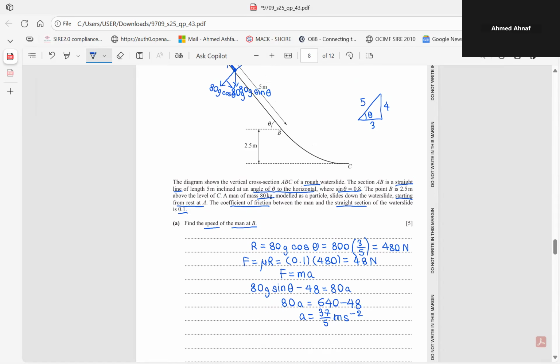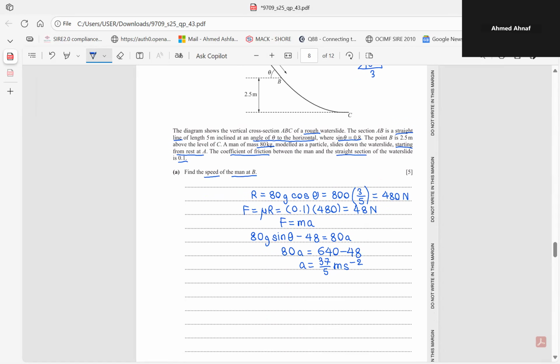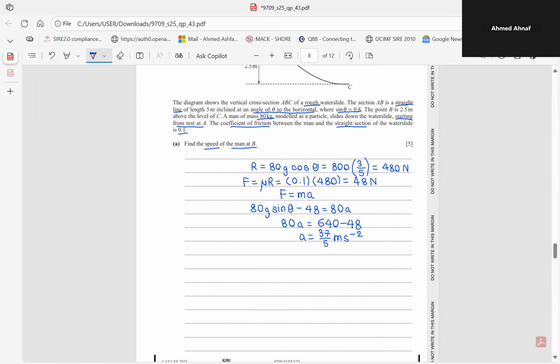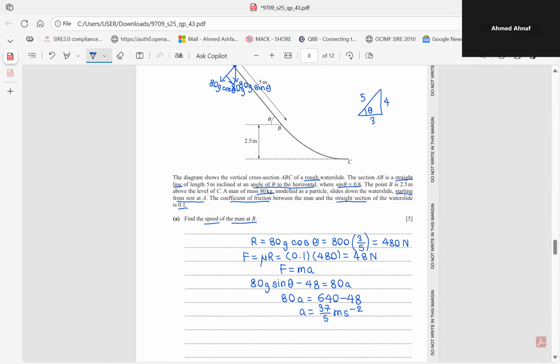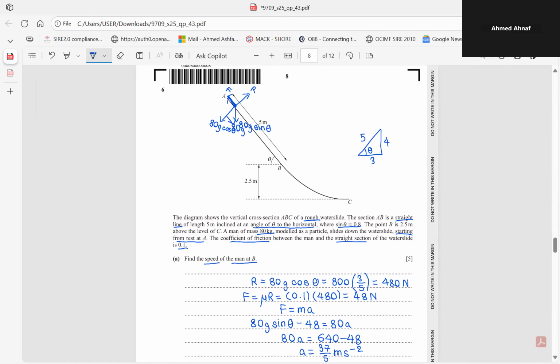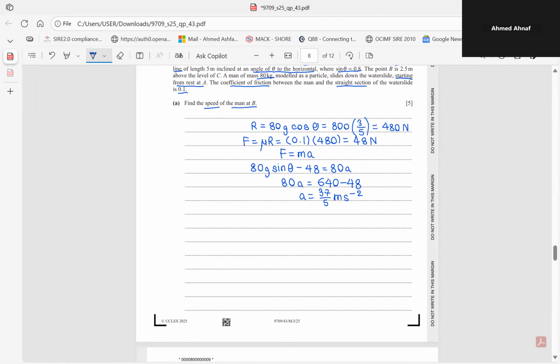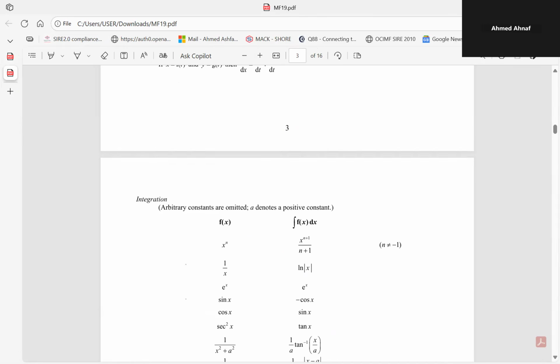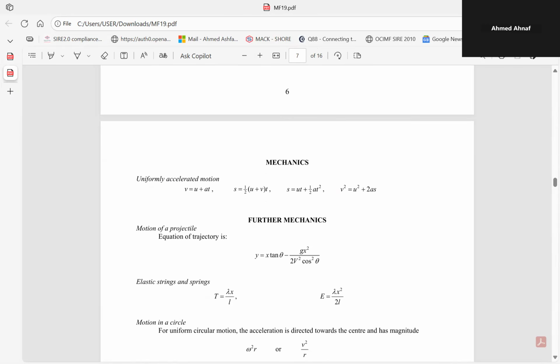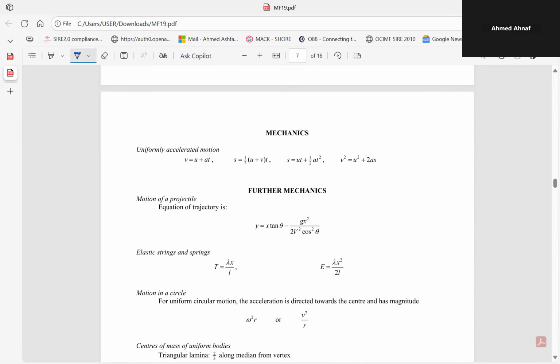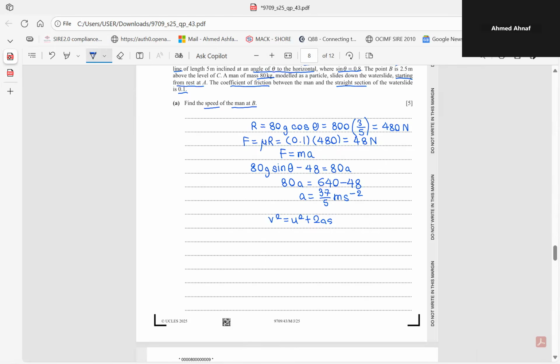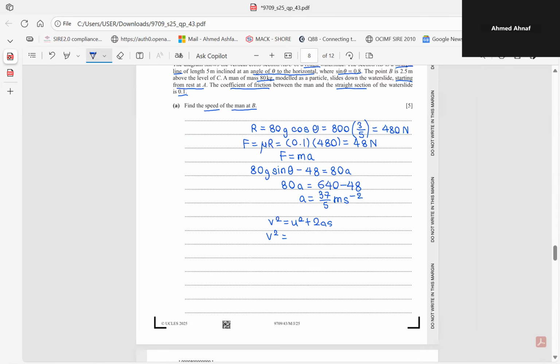And since the acceleration is constant from A to B, we can use our SUVAT equations. We know the distance from A to B, so we're going to use v squared equals u squared plus 2as, which by the way is given in your MF19. This is the formula I'm talking about. I want to find v squared, the final speed squared. u squared is 0 since he started at rest.